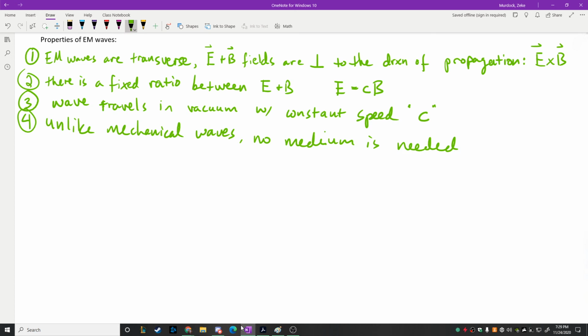All right, so we're going to imagine also that these electric and magnetic fields are going to be constant over a single plane, but they're going to continuously vary in the x direction. That's going to be our plane waves.